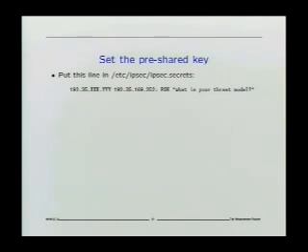The pre-shared key goes in its own file, /etc/ipsec.secrets, and it has an interesting format: the two addresses, then a colon, then the word PSK, and the secret goes in quotes.